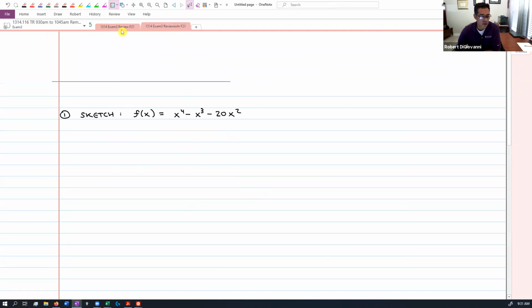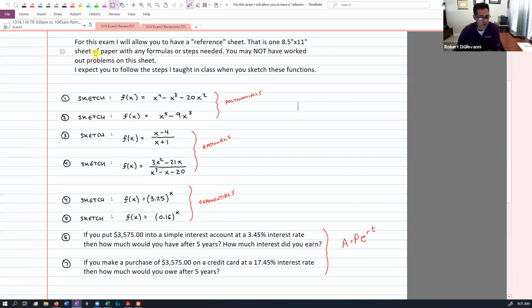Now's the time. Also, please make note that you are allowed to have a reference sheet for this test. So when I say reference sheet, I mean one standard 8.5 by 11-inch sheet of paper, front and back, okay? Just make sure that that sheet does not have worked out problems on it. So the idea is not that you just take the review and put all the review questions and answers on your reference sheet.